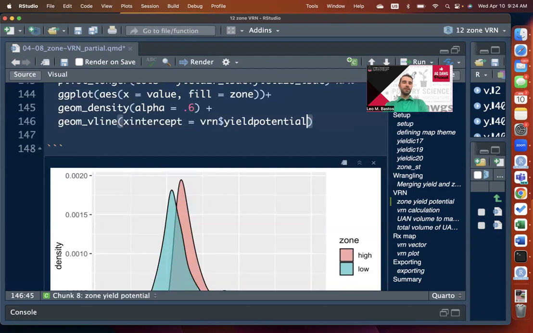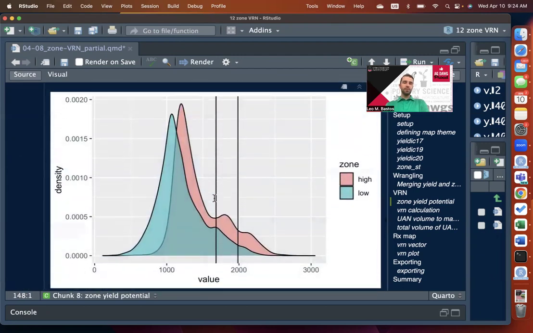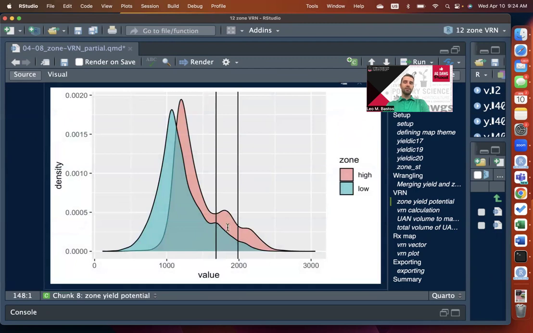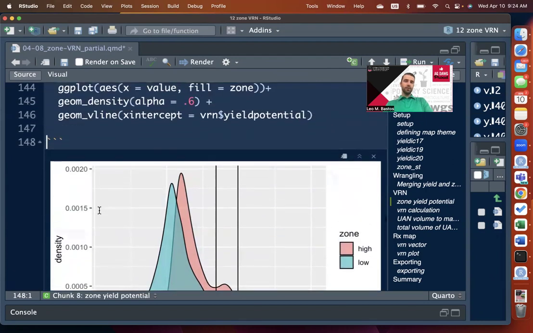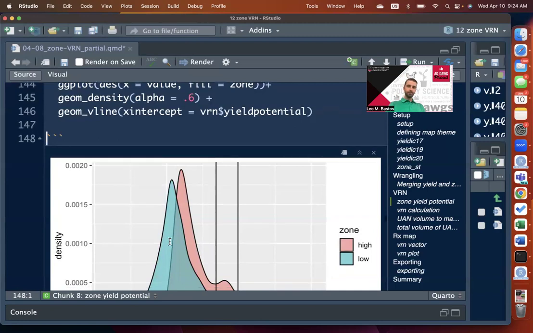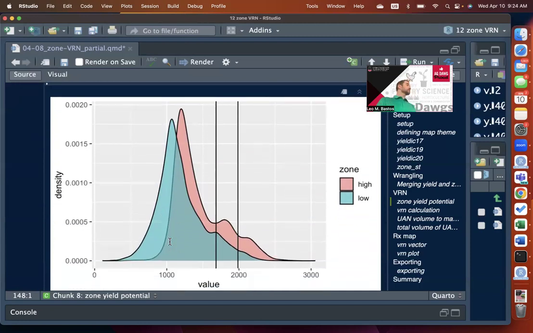If you just do this, this is what we get. That's where the 90th quantile of both of those distributions is. Let me show you the code. Okay, so this was just for us to visualize where those values were.